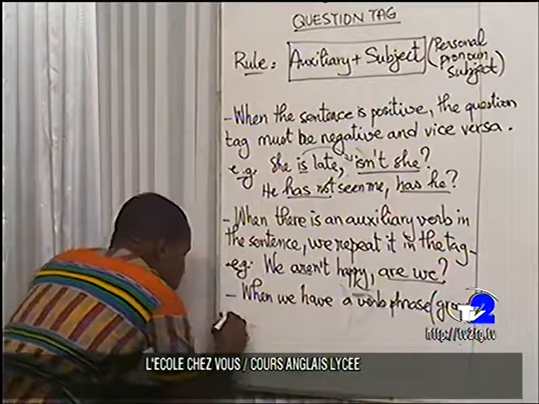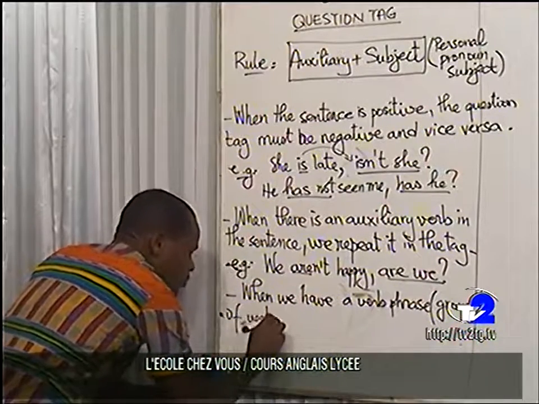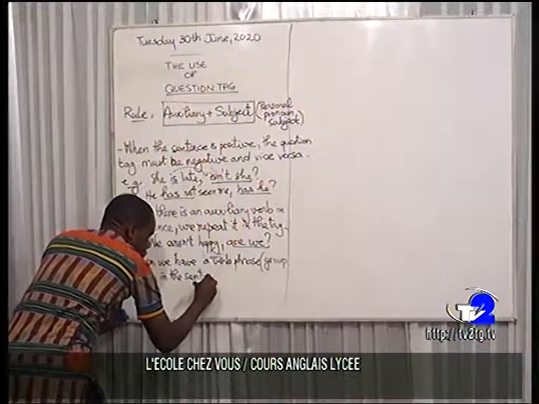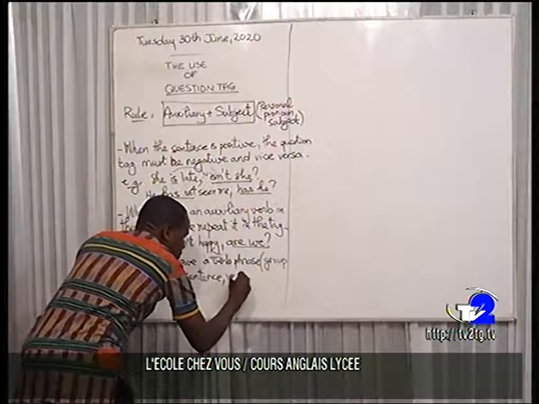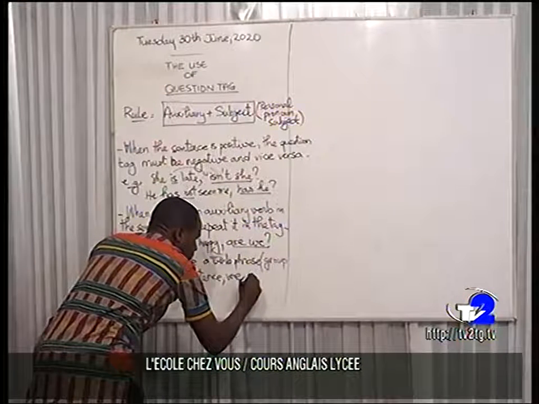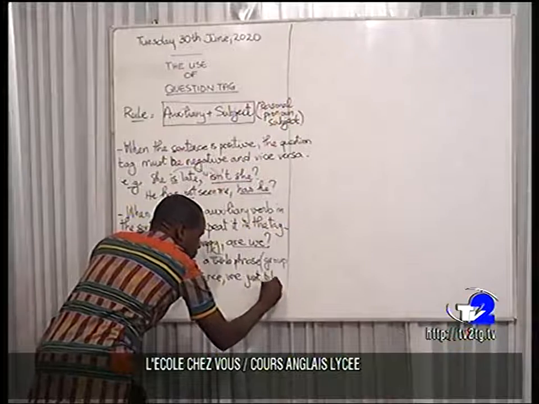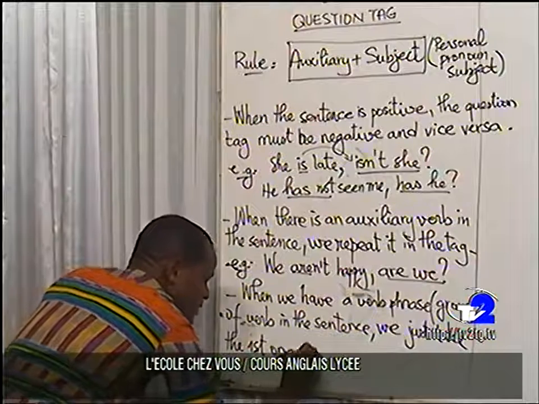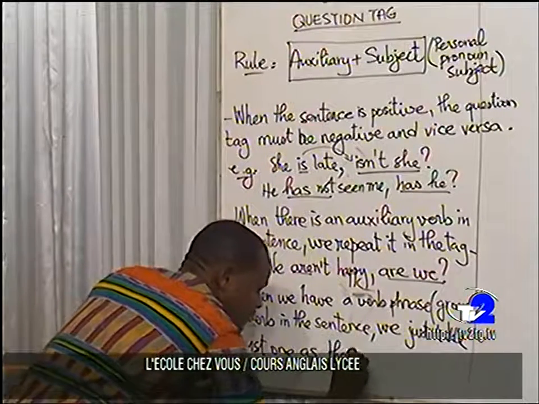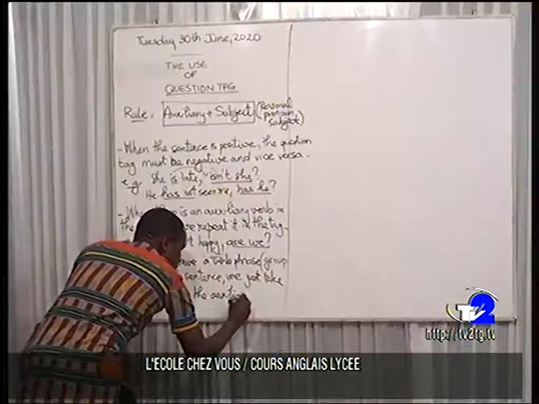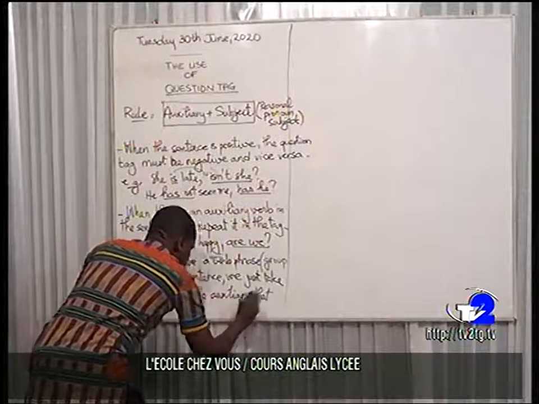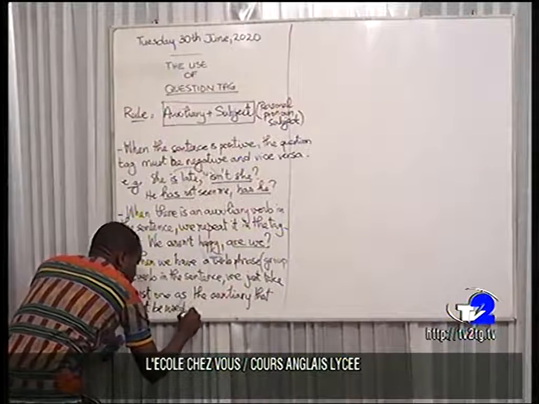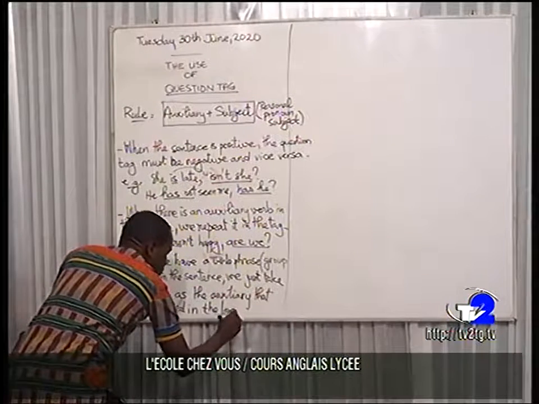When we have a verb phrase in the sentence, we just take the first one as the auxiliary that must be used in the tag.